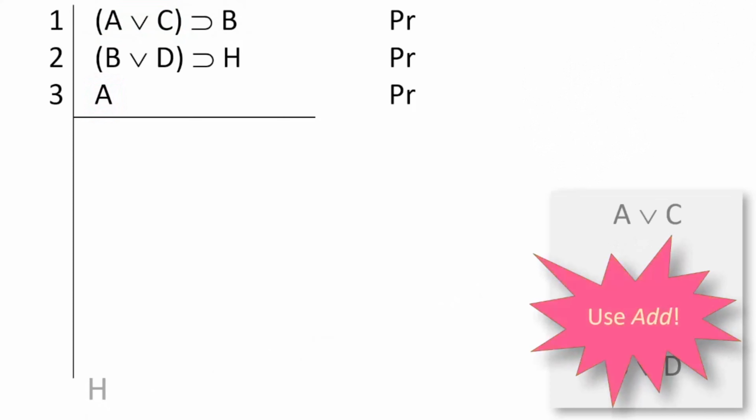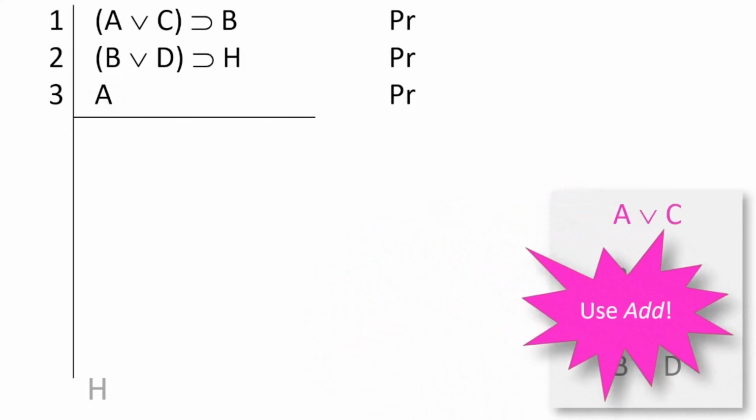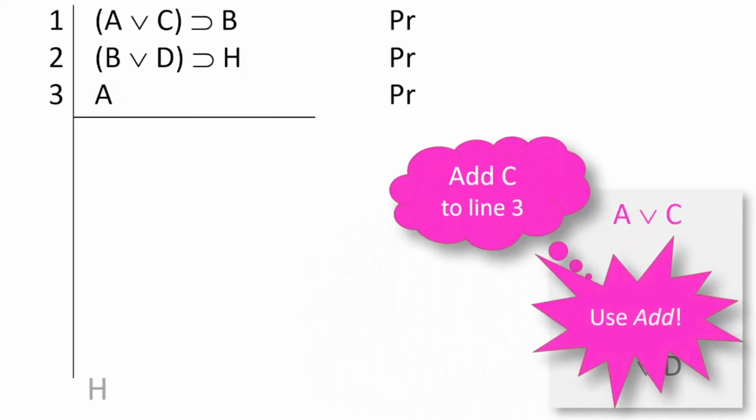We decide to use addition to obtain the disjunction A or C, and we need to locate the disjunct. The disjunct is in line 3, and now we decide we want to add C to that disjunct.